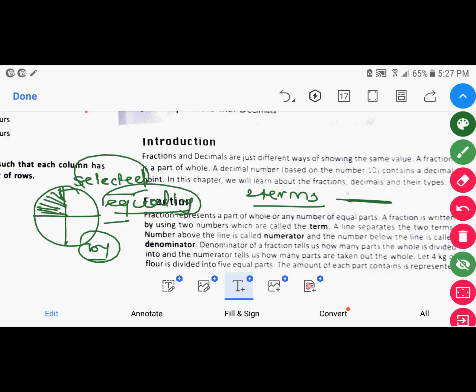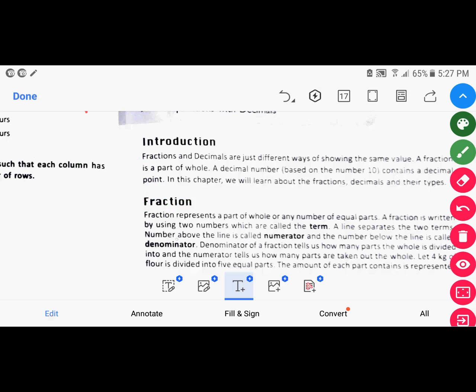The term above that line is known as the numerator and the term below the line is known as the denominator.